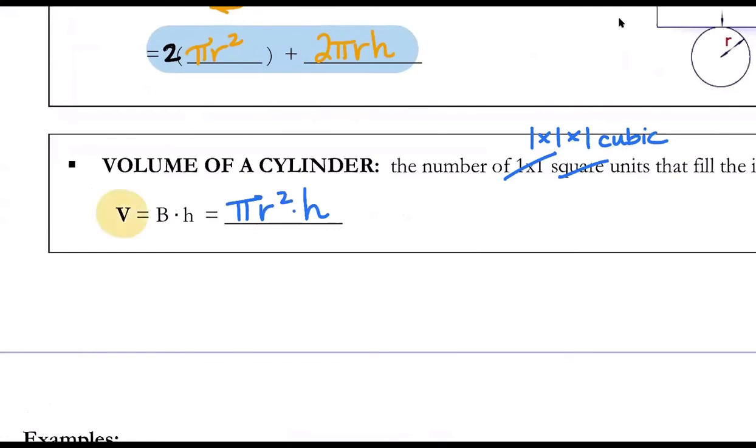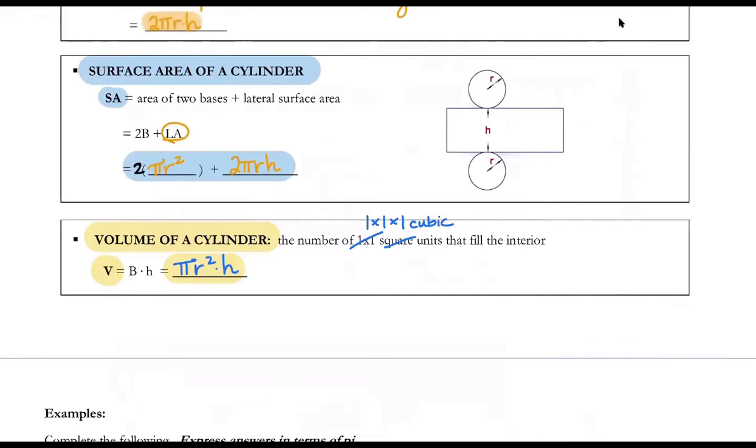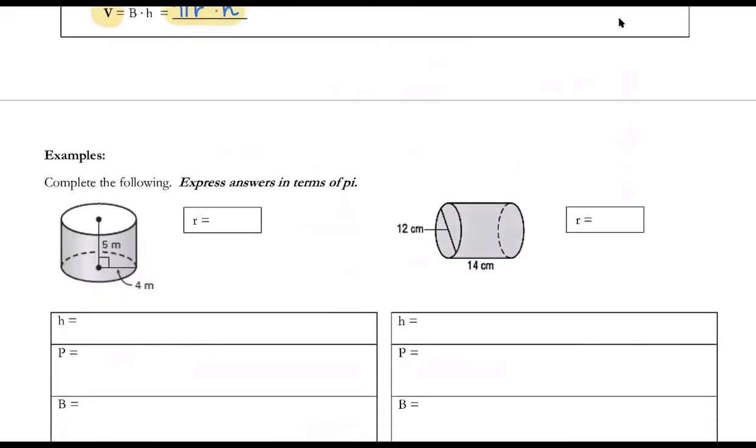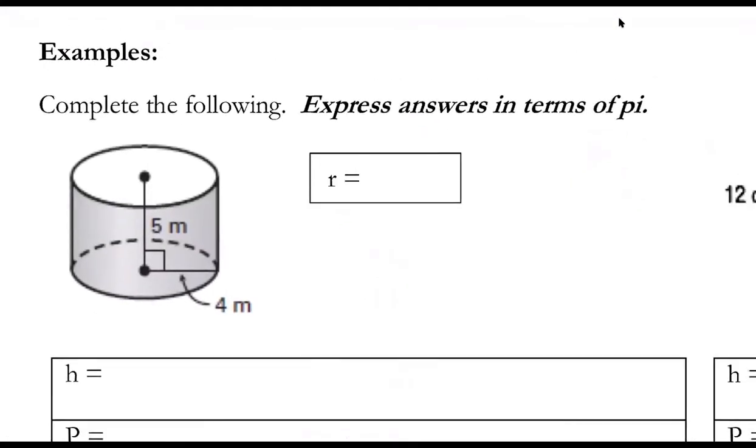So volume for a cylinder, pi r squared h. Okay, a few quick examples here. So first of all, here's a cylinder. What is the radius? Okay, so the radius is right here, 4 meters.